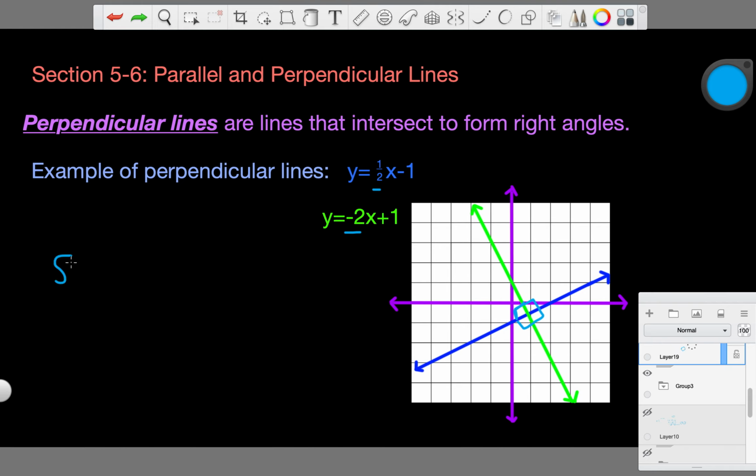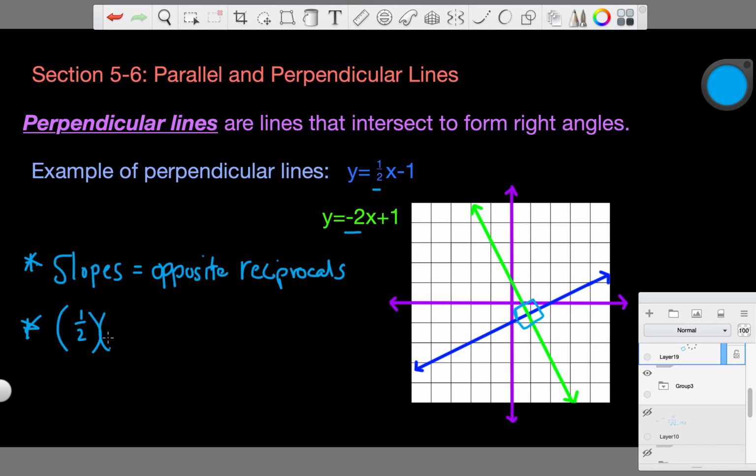The slopes of perpendicular lines are opposite, meaning if one is negative, the other is positive, and they're reciprocals, so the flipped fractions, okay? Another property of the slopes is that when you multiply them together, we're going to test this out, 1/2 times -2, which is the same thing as -2/1, you always get -1.